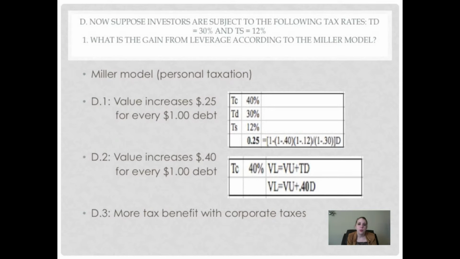And then for number 2, when comparing that to just corporate taxes, for every dollar of debt, the value would increase by 40 cents. So therefore, corporate taxes is giving a better benefit to the company in that it's increasing its value more by taking on that leverage.